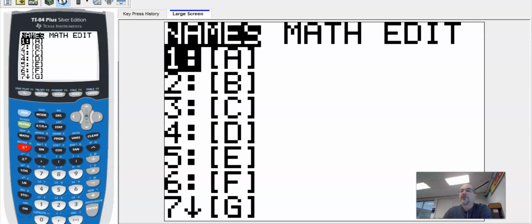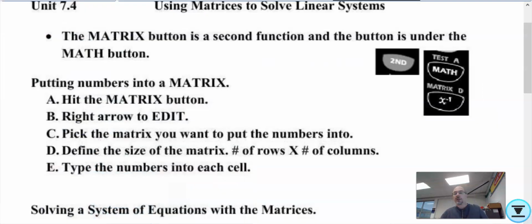If you are using an older handheld calculator, you actually have a matrix button itself. So find your matrix button on whatever calculator you're using. I'm assuming most of you are using the one on your Chromebook.